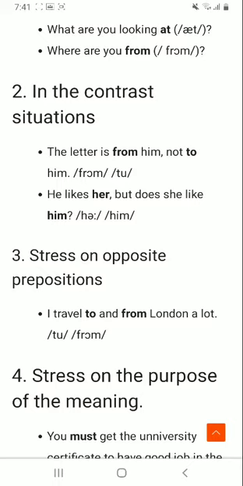He likes her, but does she like him? He likes her, but it is not stated that she likes him. So for contrast words and meanings, strong and weak forms are mainly used.